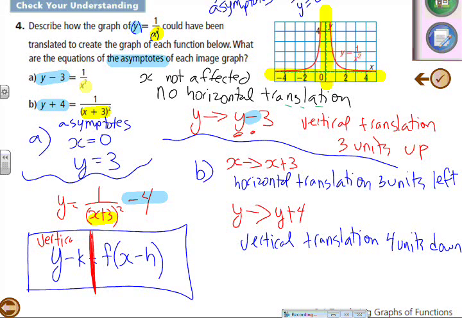This is the horizontal side of the equation. Anything that's inside the brackets with the x, keep it on that side, or if it was originally there. So for instance, that 1 was originally there. That 1 stays there. But the negative 4, I'm going to take to the other side of the equation, to the vertical side, the correct side.